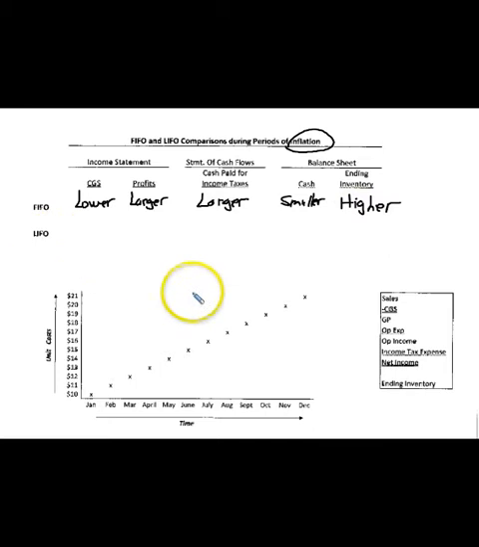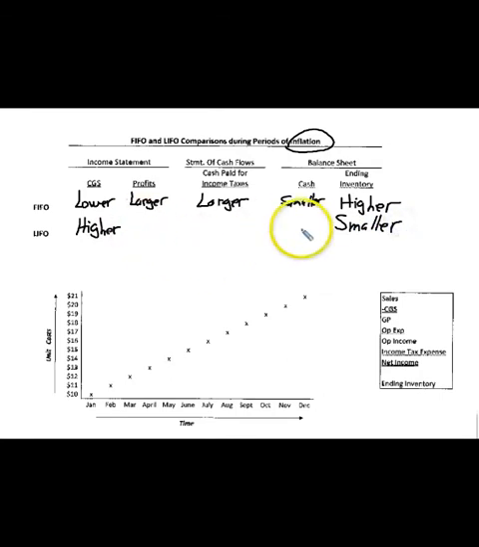Now LIFO is the other way. Last in, again, the cost flow assumes these last in are the first ones sold. So we will have a higher cost of goods sold. But down here, if the last in, first out, these are sold, then these down here did not get sold. So ending inventory will be smaller.